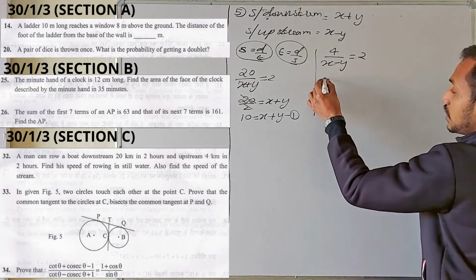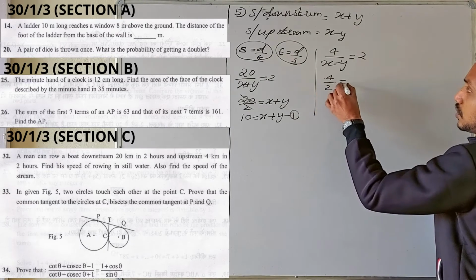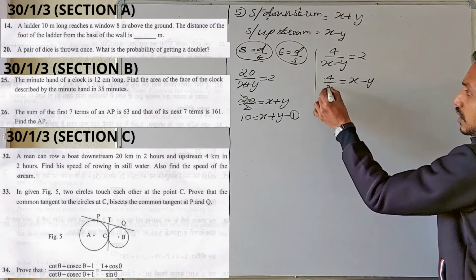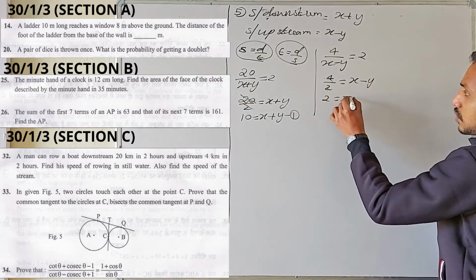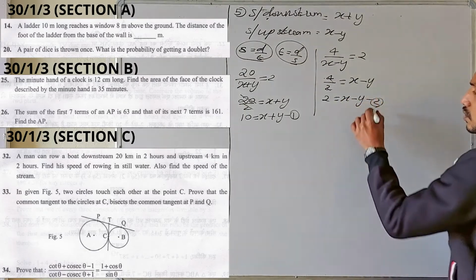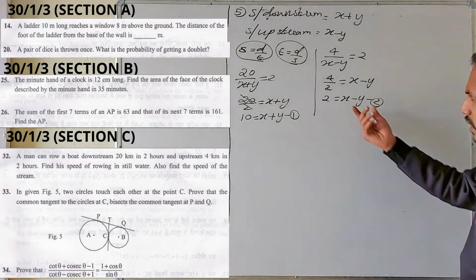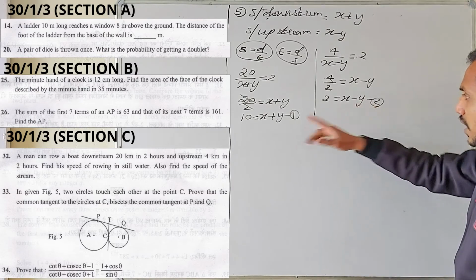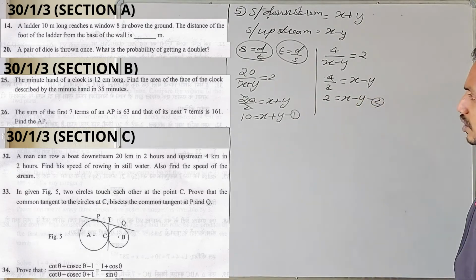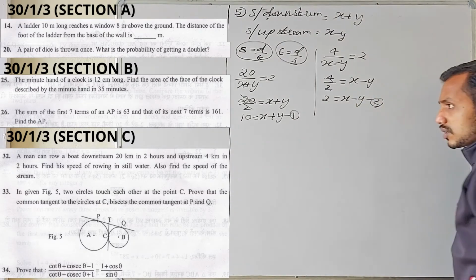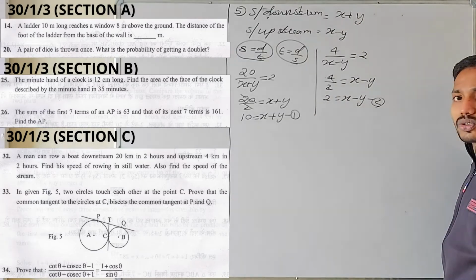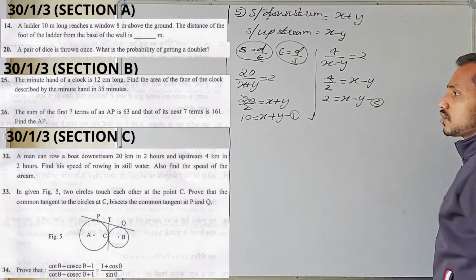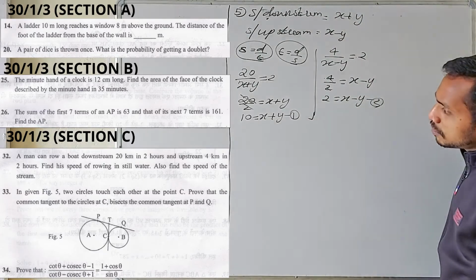Similarly take 2 to here, so 4 by 2 is equal to x minus y. Here cancel, 2 is equal to x minus y. Equation number 2. Simple linear equations in 2 variables. So just solve these equations. x plus y is equal to 10 and x minus y is equal to 2. I am giving to you for solving. So what will we get here?